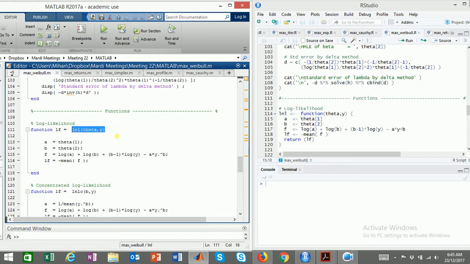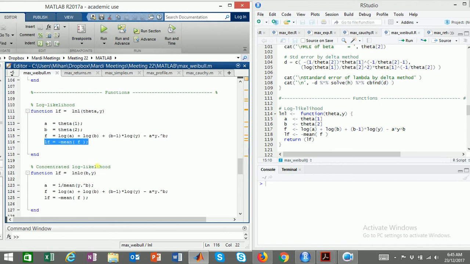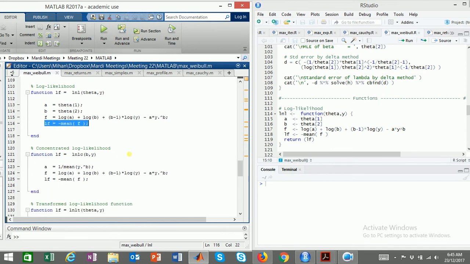Theta 1 will be saved in A, the second element of theta will be in B. Then this is the log likelihood function, and the negative mean of it is the log likelihood function. Concentrated and non-concentrated, I have discussed that earlier.